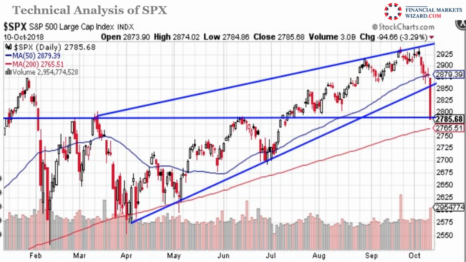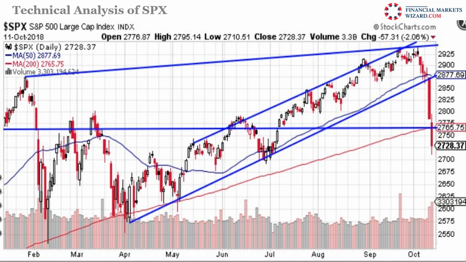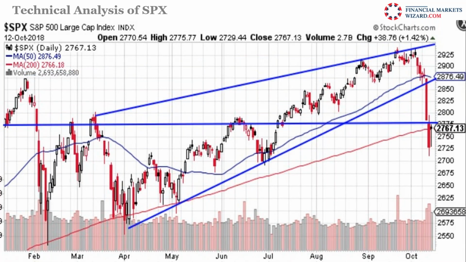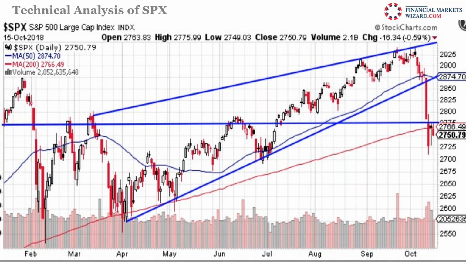The S&P broke big on 10th of October, like 95 points, a big drop, 3.29%. Then it broke the 200-day moving average, tried to conquer it back, and failed again.